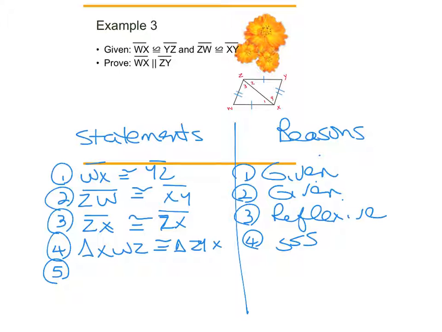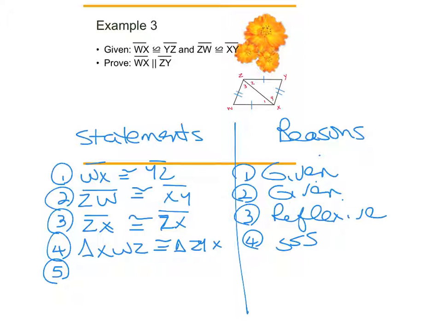Prove that segment WX is parallel to segment ZY by the CPCTC? Nope. That's only for congruent parts. Those are parallel lines. Let's think back to what the ways are that I can prove lines parallel.